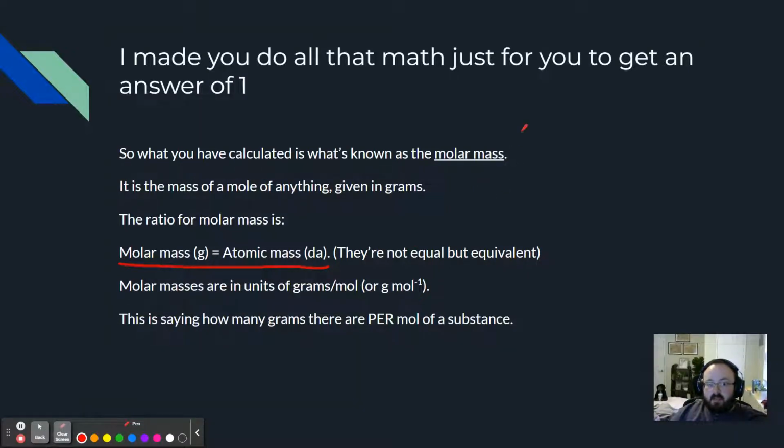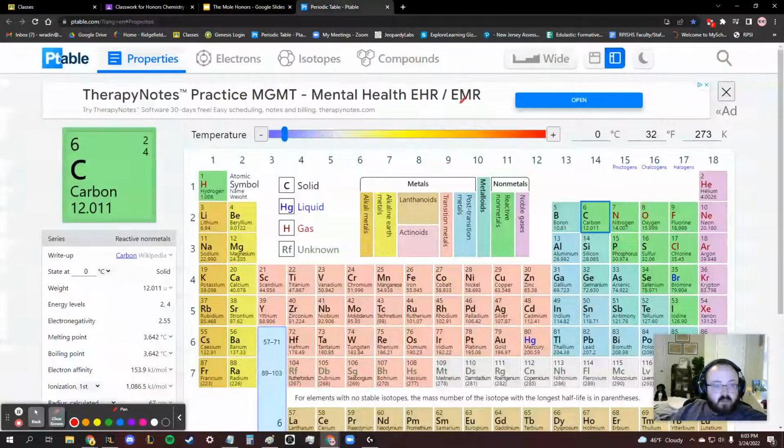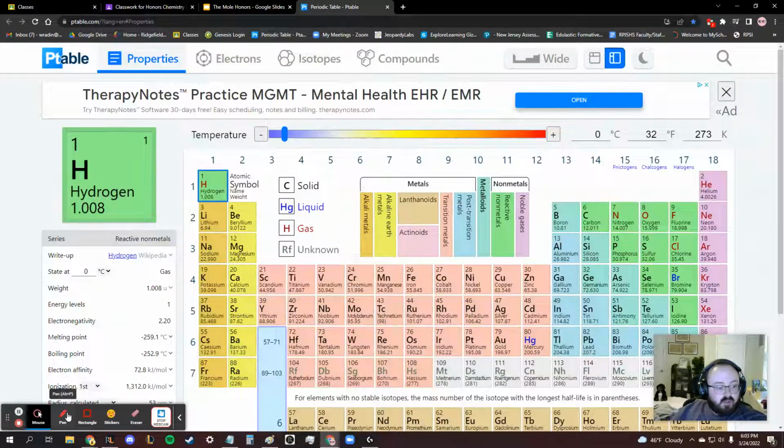And what that means is if you have 1 mole of hydrogen, go back to our periodic table, or we go back to hydrogen, if we had 1 mole of hydrogen, so we had 6.022 times 10 to the 23rd.